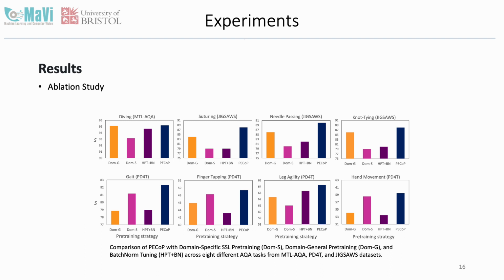HPT plus BN is batch norm tuning, in which it fine-tunes only the batch norm layers of a pre-trained model. As you can see, PECoP consistently outperforms the other approaches across all tasks. On the other hand, batch norm tuning doesn't do as well on the JIGSAWS tasks. This indicates that it may struggle with tasks that have a large domain gap.